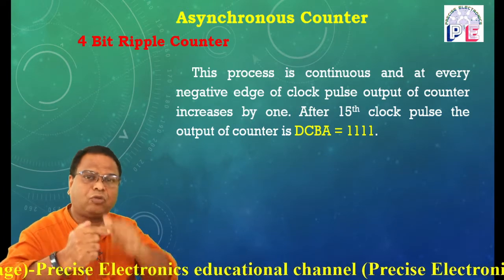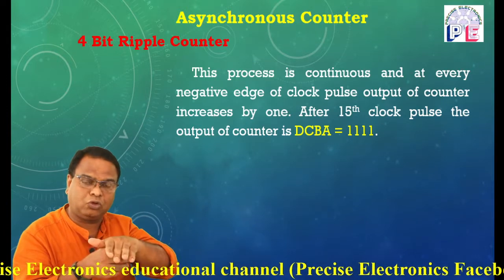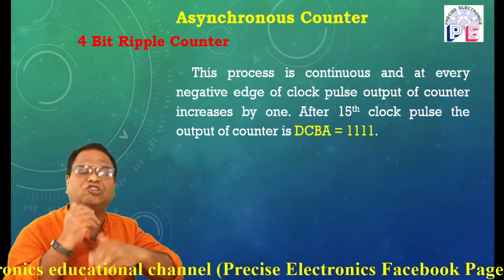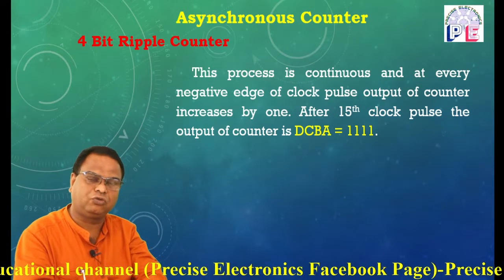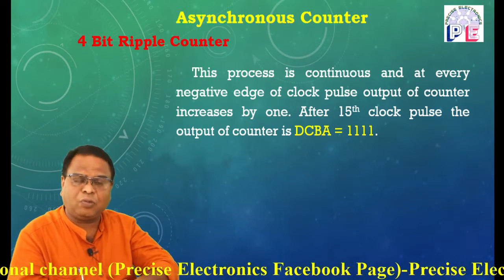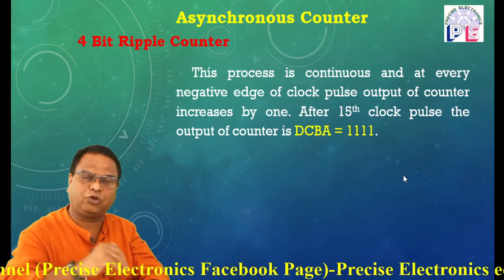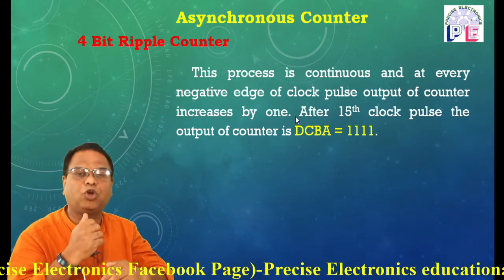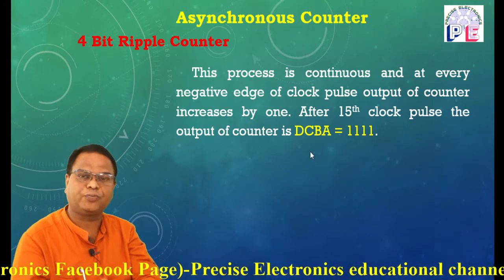When B flip-flop goes into reset mode, that negative edge toggles the C flip-flop, the transition of state occurs from 0 to 1 and from 1 to 0. When C flip-flop is in reset mode, when it changes state from 1 to 0, that negative edge toggles the D flip-flop, and output of D flip-flop changes from 0 to 1, and this process continues.